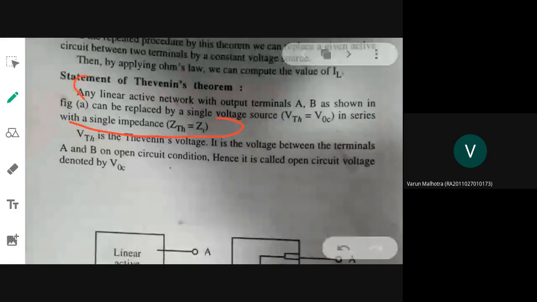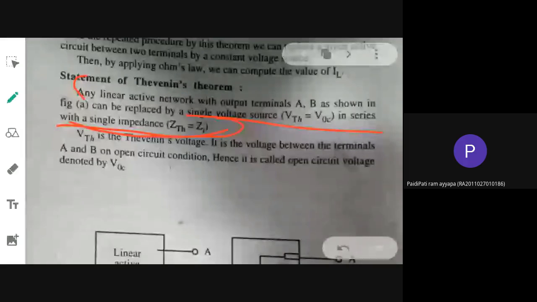Any linear active network with output terminal A, B can be replaced by what equivalent? A single voltage source in series with what? A single impedance.